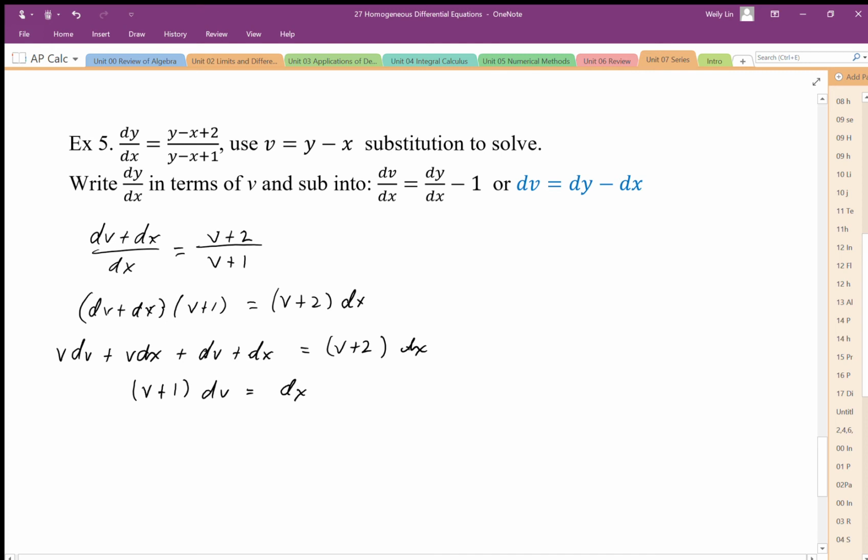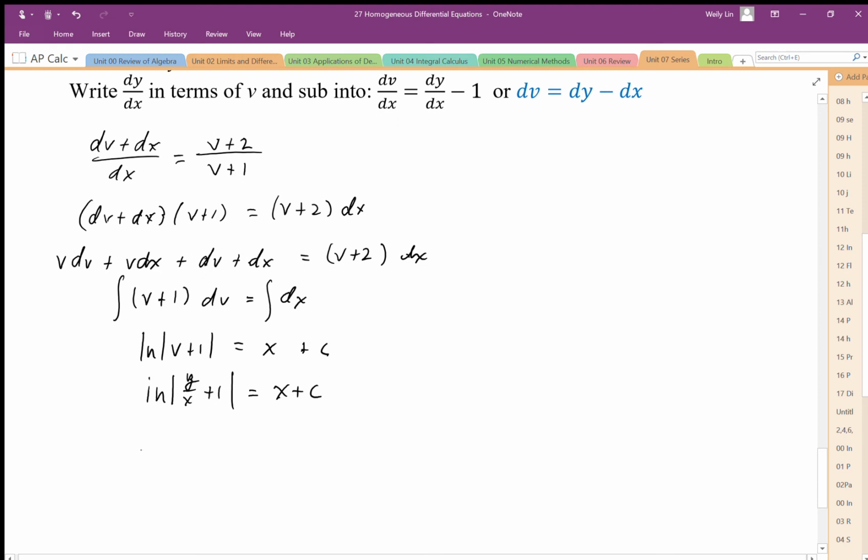Okay, so then I've separated my variables now. I can integrate both sides, so I get log of v plus 1 is equal to x plus c. Then we do the substitution back for v, so log of y over x plus 1 is equal to x plus c.